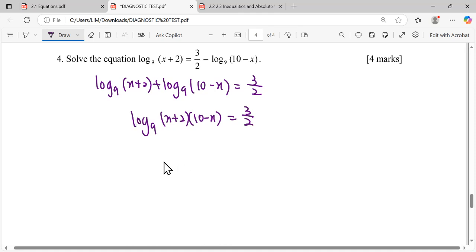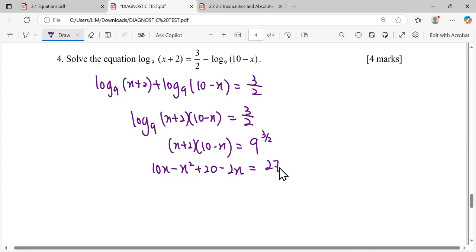So you unlock this, you give your x plus 2, 10 minus x, 9 to the power of 3 over 2. Simplify this. Alright, expand, simplify this. This is a quadratic, so 10x minus x squared plus 20 minus 2x. So this is 27.